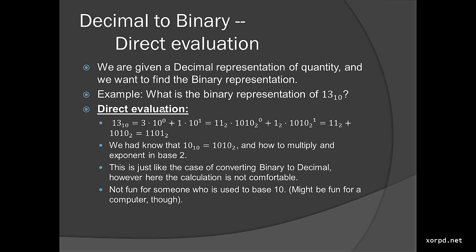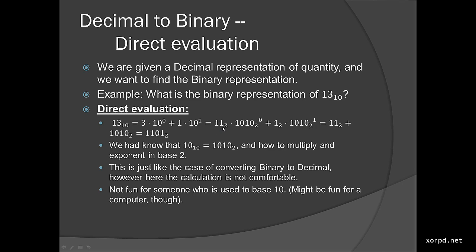Actually, we will have to convert everything to base 2. That means we will take this 3 and convert it to 11, and 10 is being converted to 1010. You can check it out yourself. This should be 10. And also we convert this 1, which just stays 1, and we convert this 10, which is 1010.